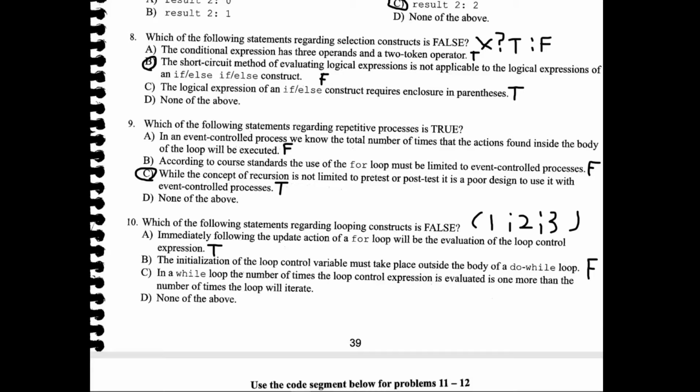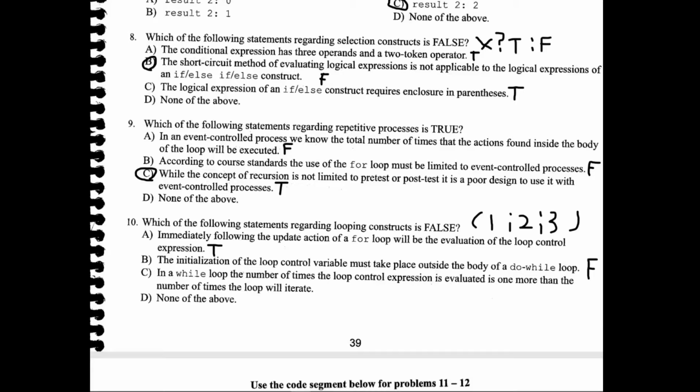C, in a while loop, the number of times the loop control expression is evaluated is 1 more than the number of times the loop will iterate. That is true. The final time that the loop control expression is evaluated is the time that the condition is false.